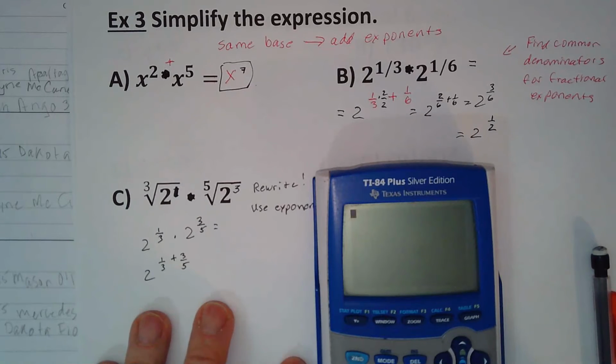Let's try 2 to the 1/3. Now, how would we do that? Well, 2 to the and then let's put in parentheses 1 divided by 3, close the parentheses, plus 3 divided by 5.